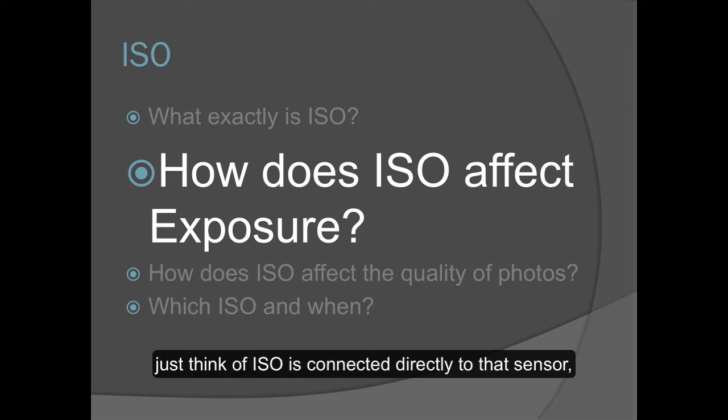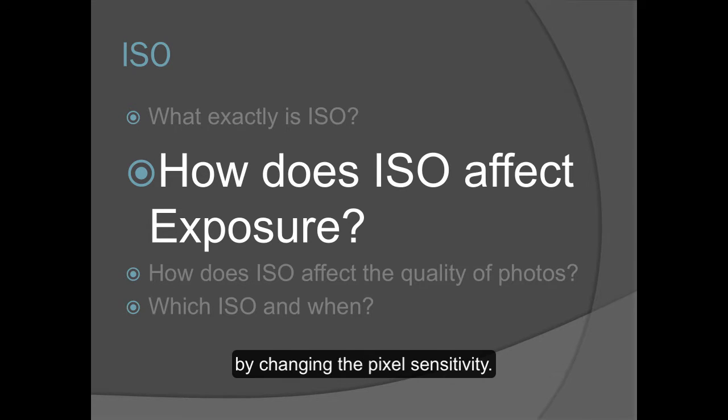Just think of ISO as connected directly to that sensor, and it determines how well exposed a photo will be by changing that pixel sensitivity. When we double ISO, the exposure is doubled. They're proportional to one another. So low ISO, low exposure. High ISO, high exposure.